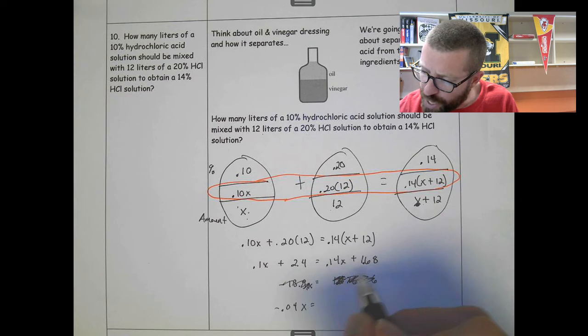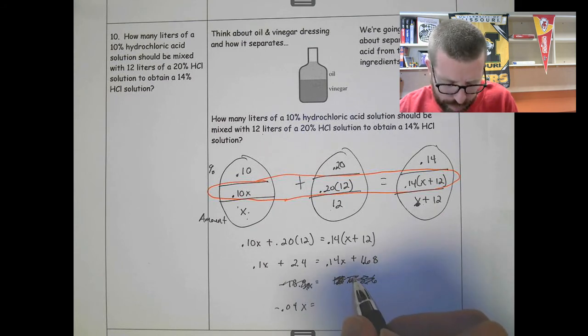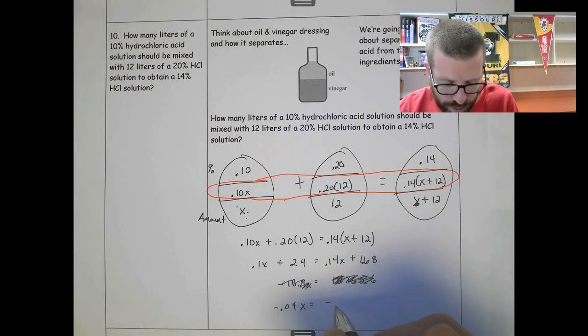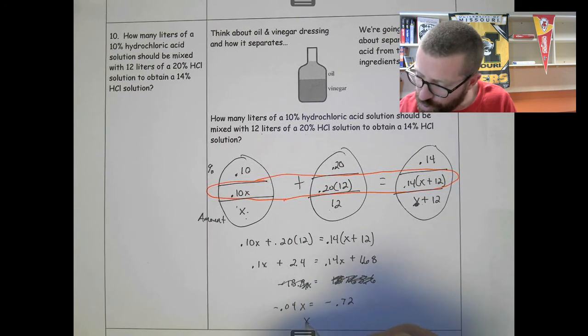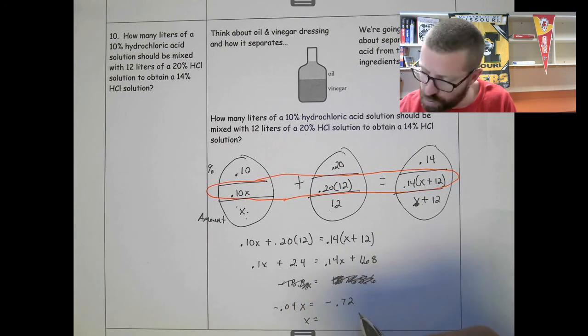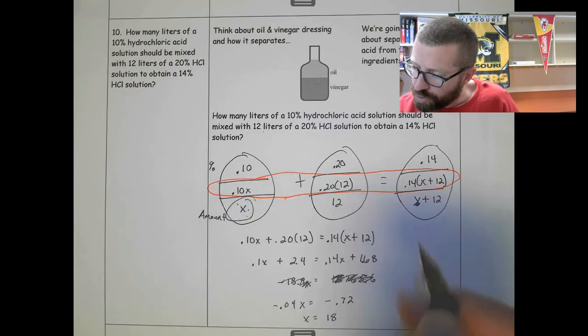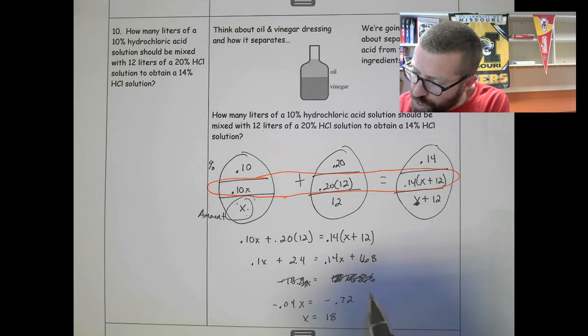And then if I subtract 2.4 from both sides, I get negative 0.72. And so x is equal to 18. Okay, and that is what we wanted. We wanted the amount of hydrochloric acid there. So it'd be 18 liters.